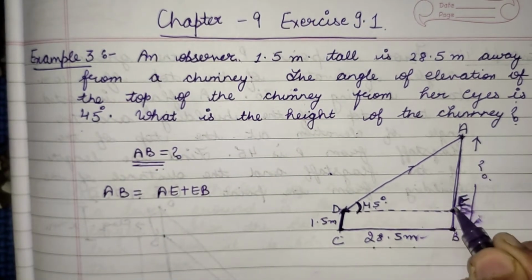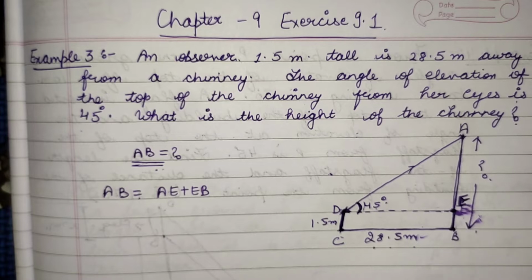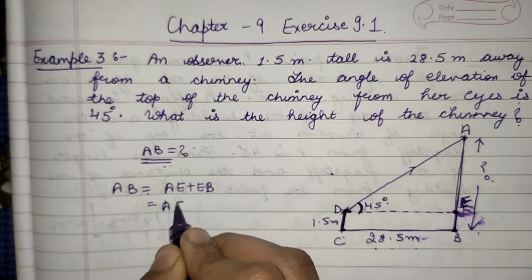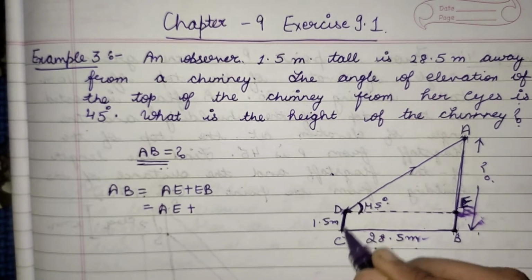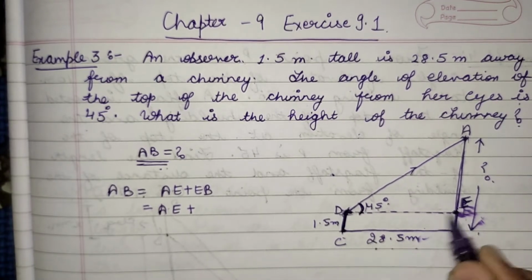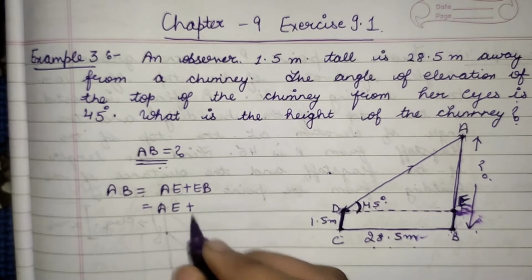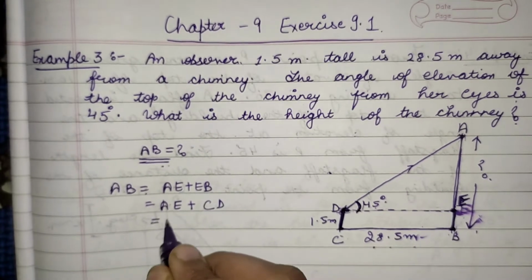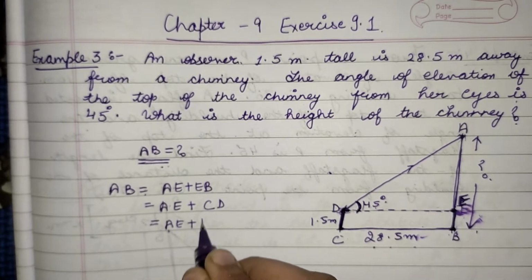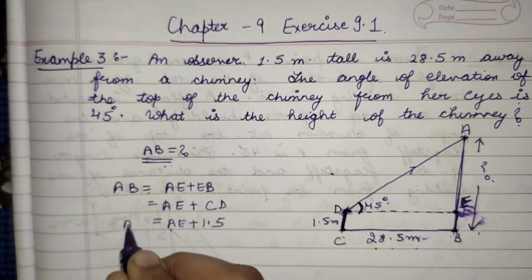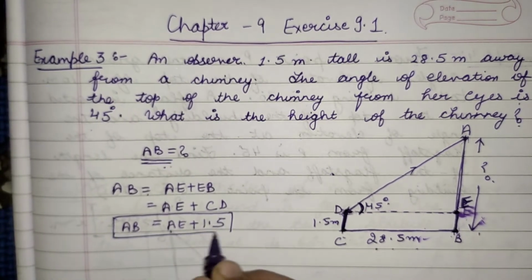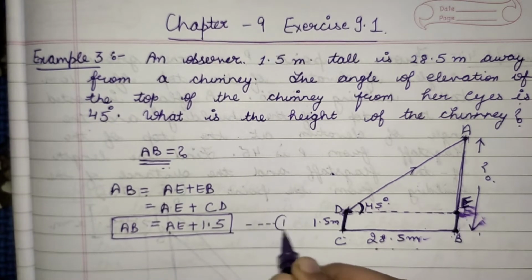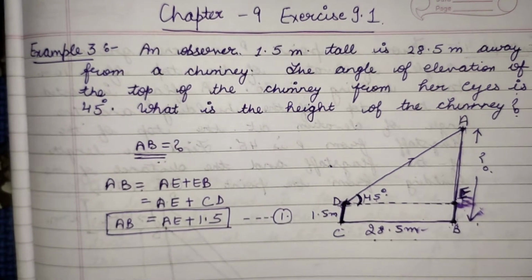And by seeing the figure you can see that EB and CD are also equal. Then if I put the value of CD, what I will get? AB is equal to AE plus 1.5 meter. Let us suppose this is my equation number 1.